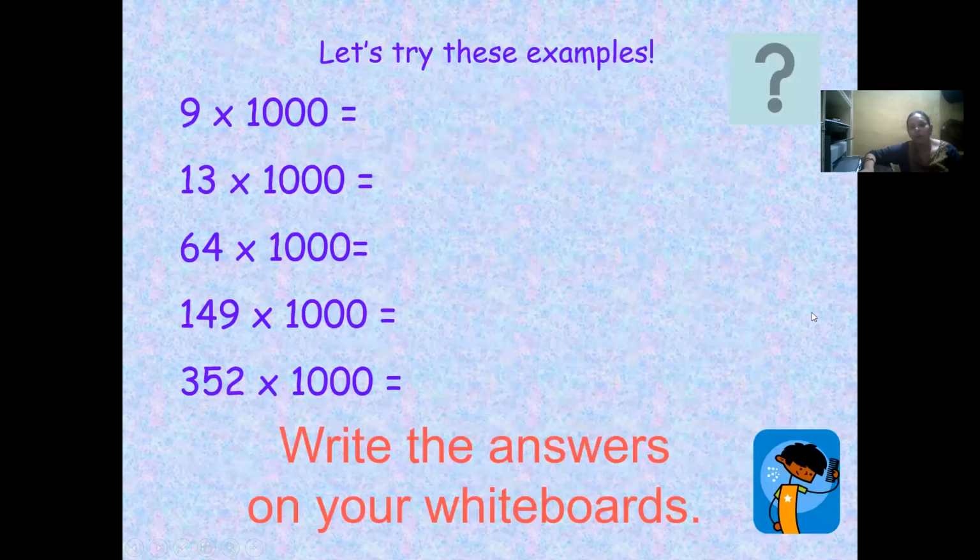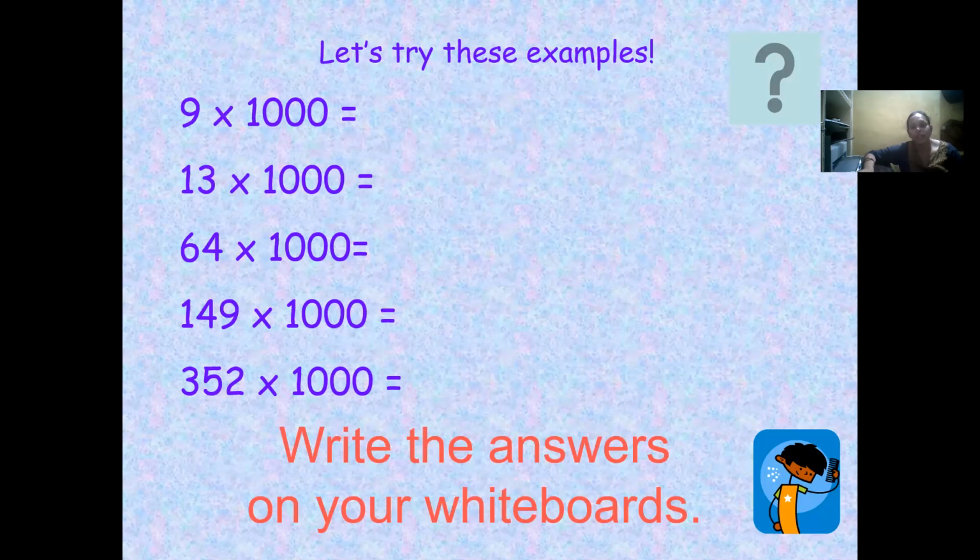So, now you all can try this. Again, I am giving you 2 minutes to solve this. You can pause your video here and solve it and then check your answers.